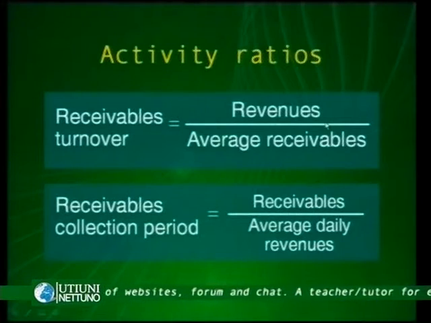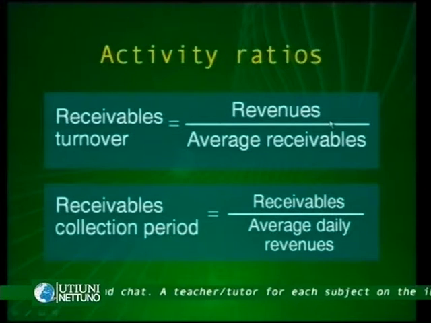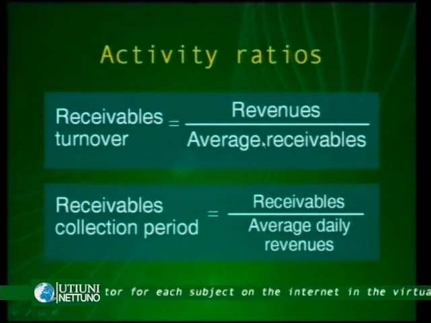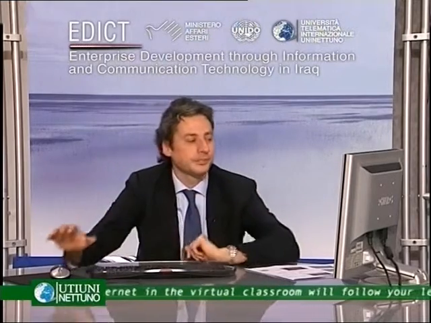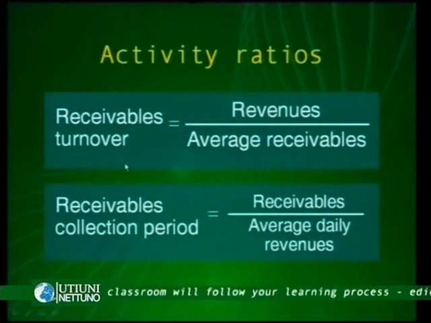Revenues, again, are the revenues predicted by the income statement in a given year of the life of the project. Whereas the average receivable is the average level of receivables that I will find in the balance sheet of the project in that particular year. So what is the meaning of the receivables turnover?